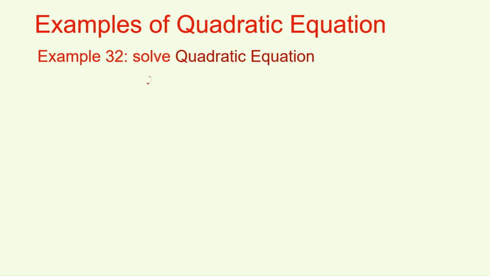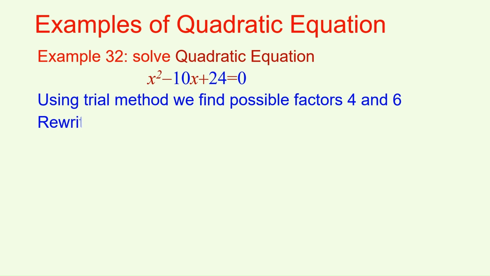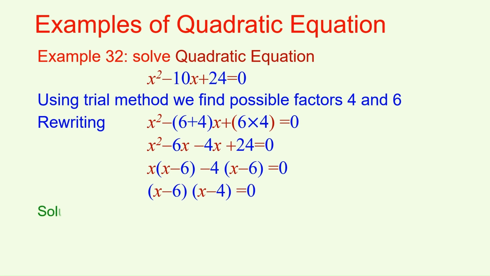Example 32. Solve the quadratic equation x squared minus 10x plus 24 equals 0. Using the trial method, we find possible factors as 4 and 6. Rewriting the equation: x squared minus 6x minus 4x plus 24 equals 0. x times (x minus 6) minus 4 times (x minus 6) equals 0.